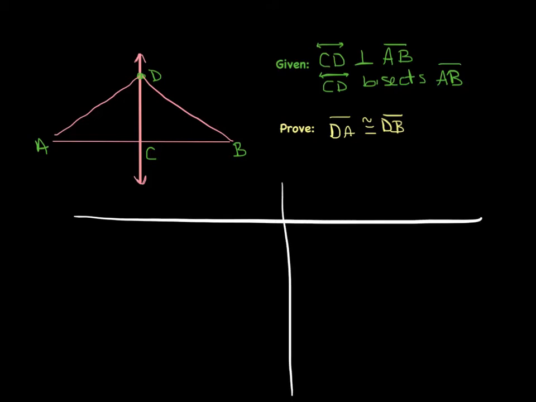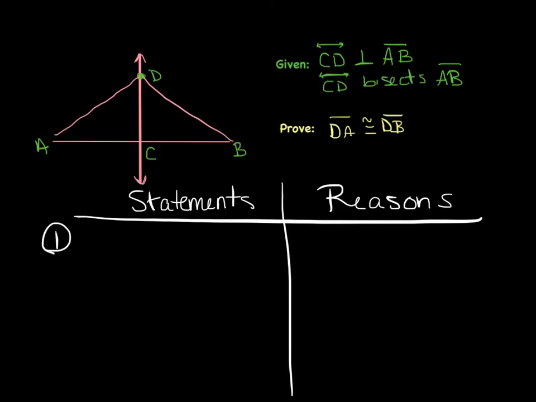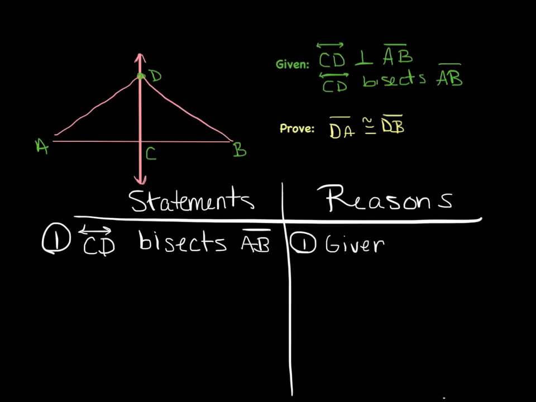Okay, so let's do some statements and reasons. And we'll start with one of our two given pieces of information. So I'll start with line CD bisects segment AB. And our reason for that is that it's given. Okay.